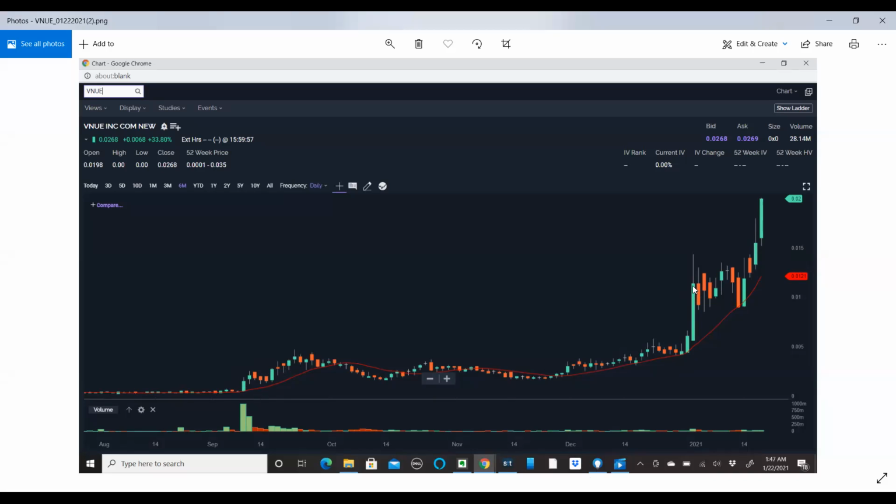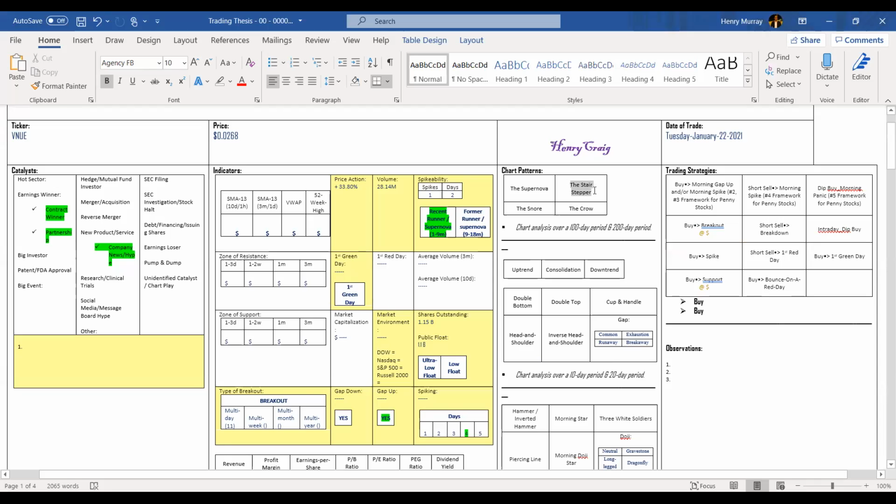So VNUE would be a stair stepper over the long-term chart pattern. Let's go back to our template and highlight that it's a stair stepper.